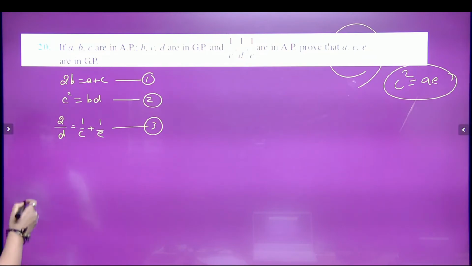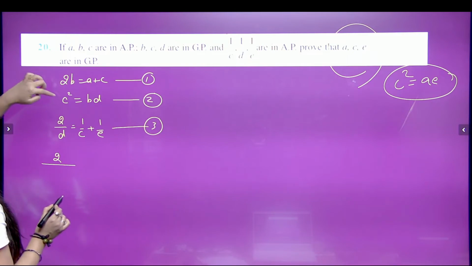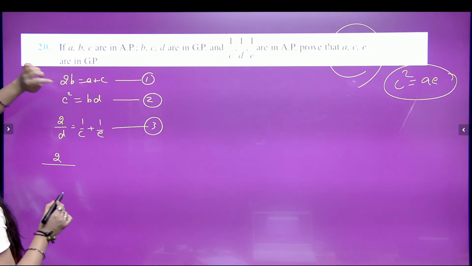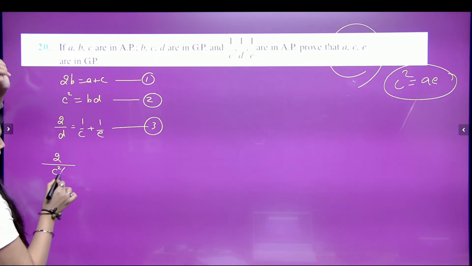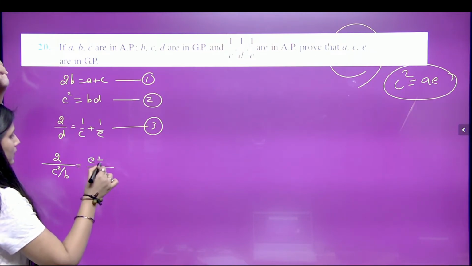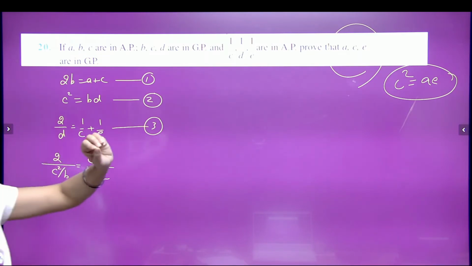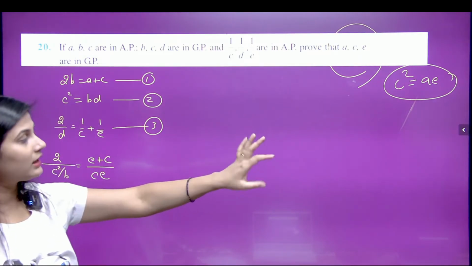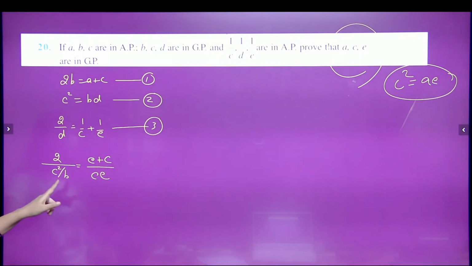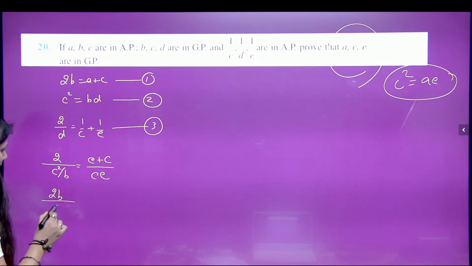If I write from equation 2, the value of D is C square by B. But we want the value of the variables C, A and E only, okay? So we don't need B. So we have to eliminate B again. So it is 2B by C square.